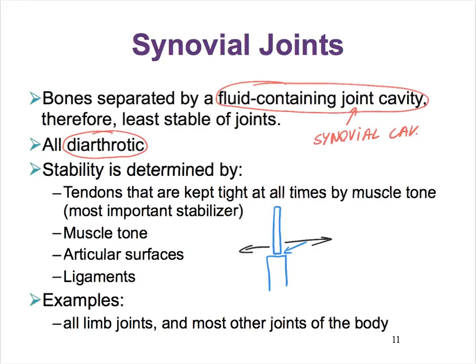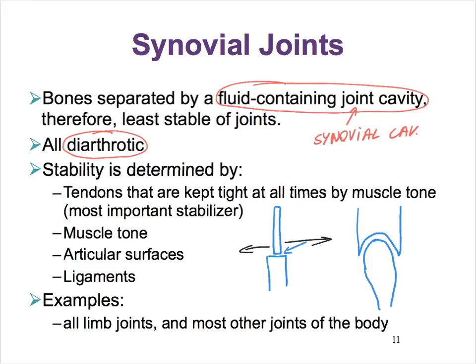Now compare that to this scenario where one bone has an articular surface that has a nice cavity in it, kind of like that, such that the other bone has a surface that is kind of more rounded, like the head of the femur, and can nicely fit in there.